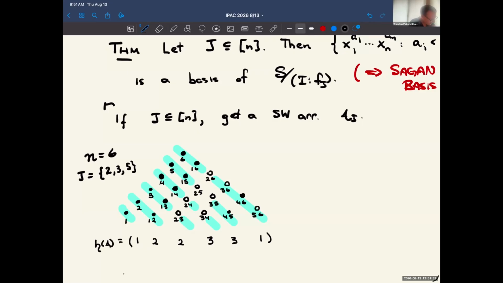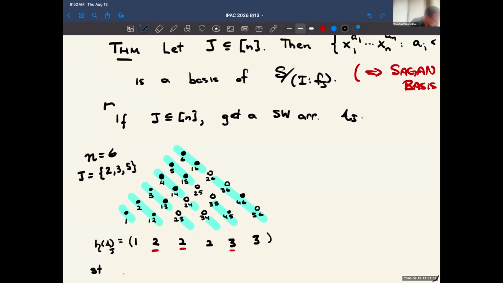And 5 is in J, no hyperplanes. Now, of course, this H vector is now wrong. I have to compute the H vector. And what we obtain is 1, 2, 2, 2, 3, 3. And just for fun, let's underline the positions indexed by J, and let's compute the J staircase.